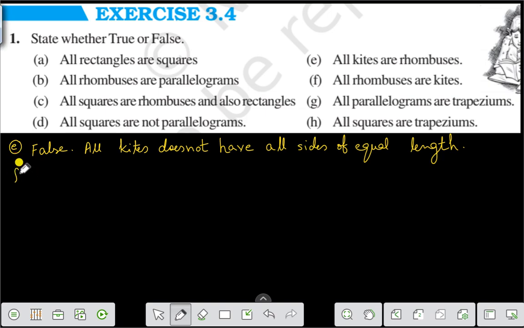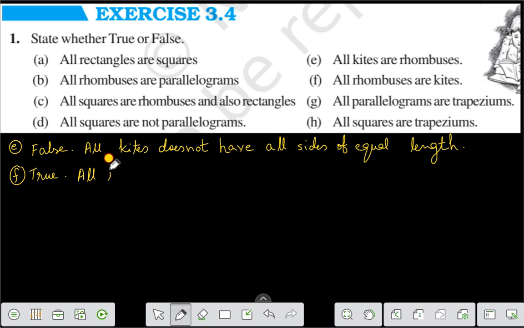But all rhombuses are kites, that is true. All rhombuses are kites.